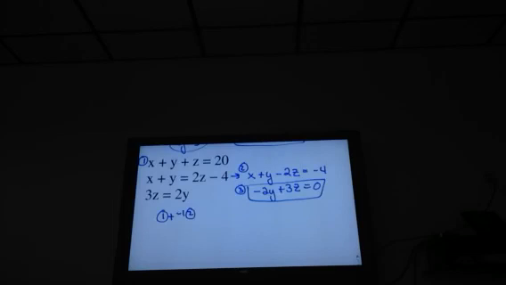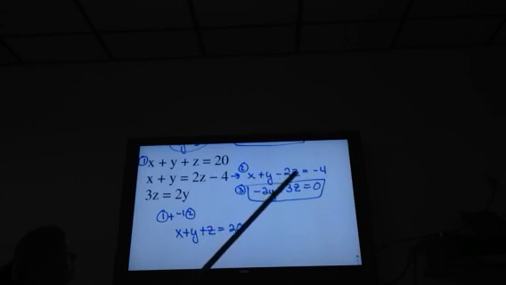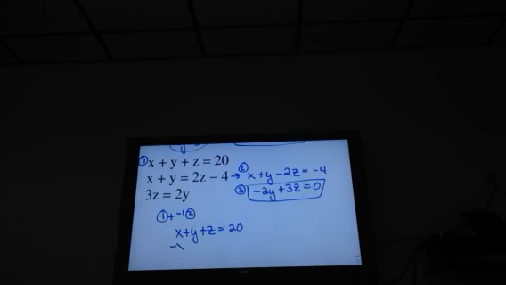So equation 1, I'm not changing. And equation 2, this one right here, that I moved the z over. So this one here, I'm just going to multiply by a negative 1, which is just going to change my signs. So it becomes negative x minus y plus 2z is a positive 4.